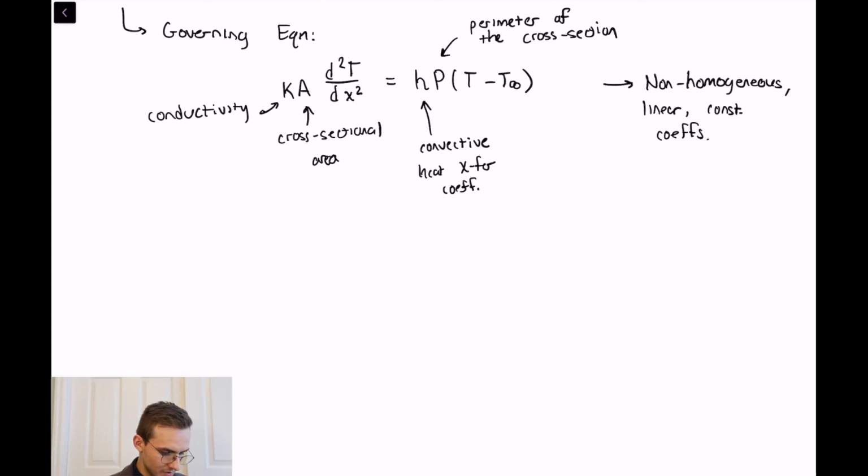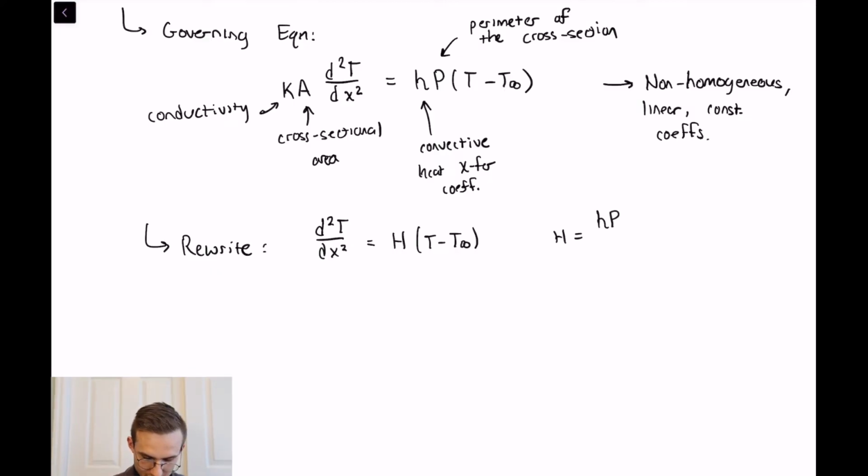What we're going to do is rewrite it just to reduce our number of constants, and we'll rewrite it as the second derivative of T with respect to x is equal to capital H times T minus T infinity, where capital H is equal to lowercase h P over K A, and we'll assign the value 0.01 per meter squared to that for later reference.